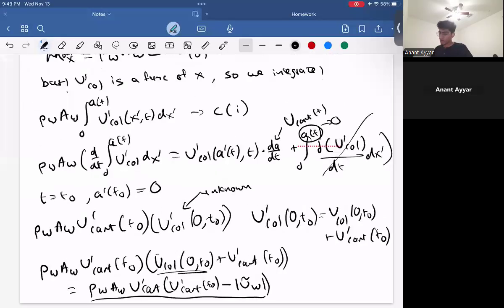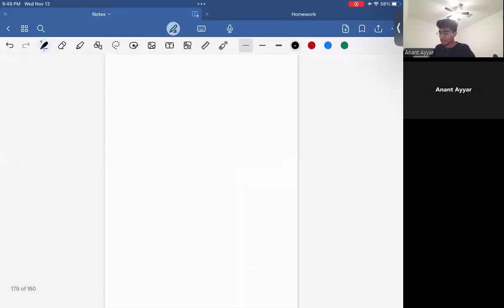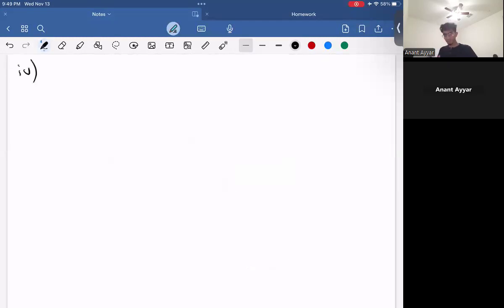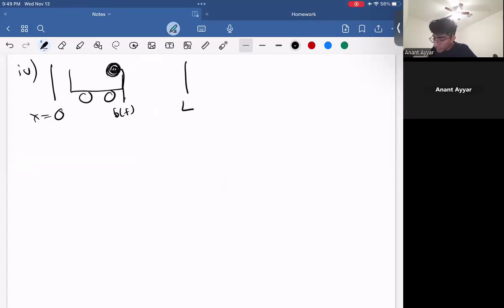Now for the fourth part, now that we've done this part, it's not that much harder. Again, we have the same cart, so we have x equal to 0. This is now b of t at this edge of the cart, and we have the end of our domain L. Then we have our copper wire, which is stationary over here and gets bundled up over there.